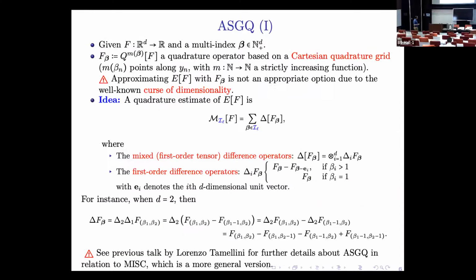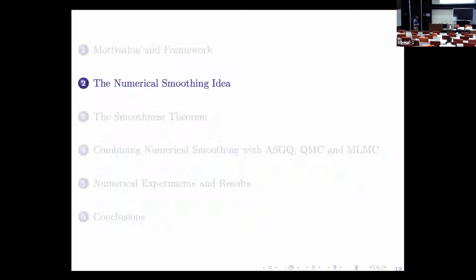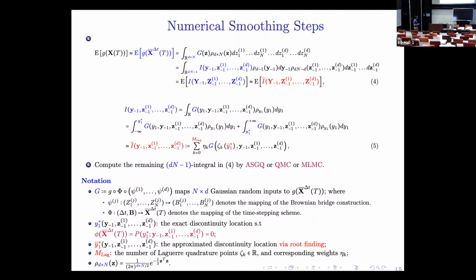So to compute your discontinuity location, basically you get a problem where you try to solve for Y1, given the other random variables, to be equal to 0. This is what we solve with Newton or any root finding method.